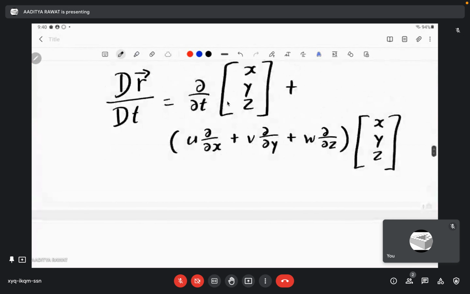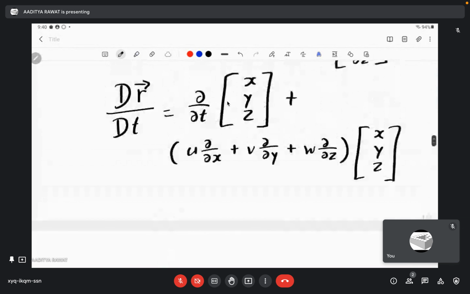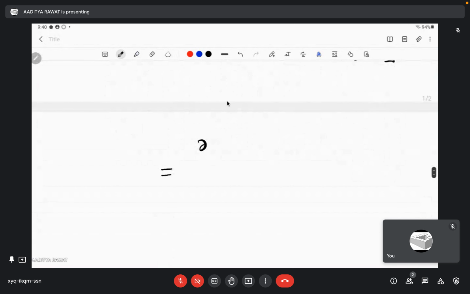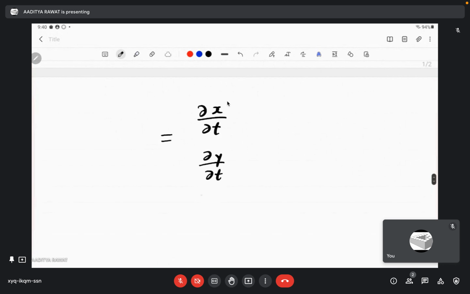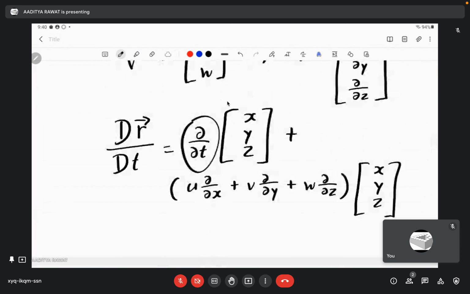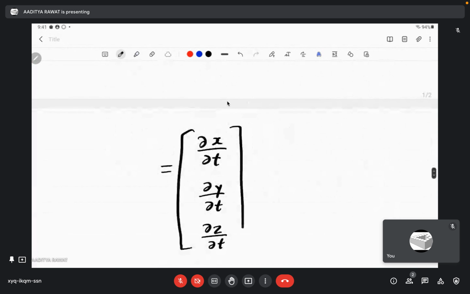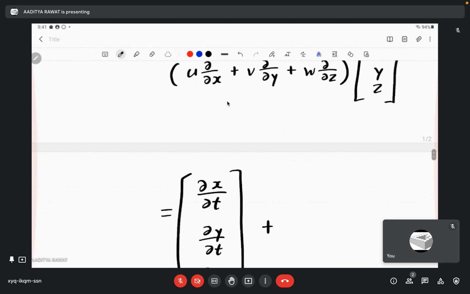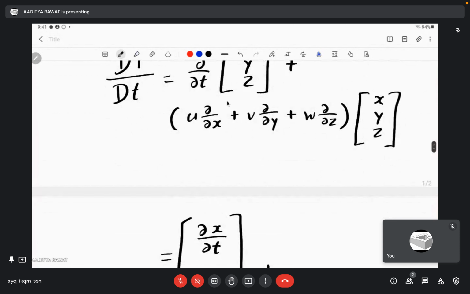Now let's continue. So del x by del t, del y by del t and del z by del t. This is simply, I've taken del by del t inside the bracket, right? So this plus, now this whole term gets taken inside all three of these coordinates x, y and z.